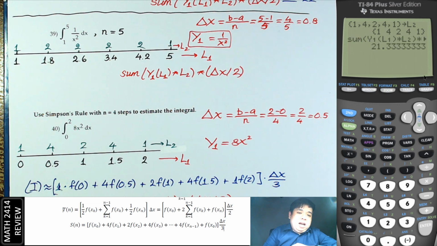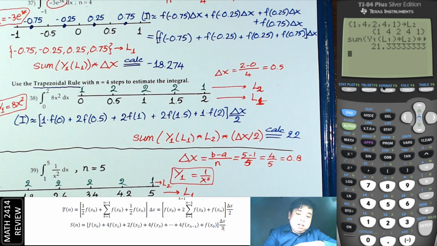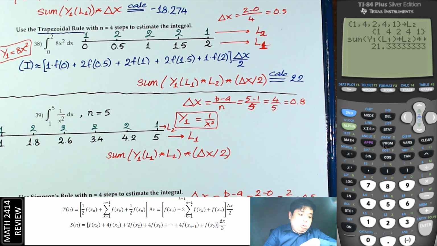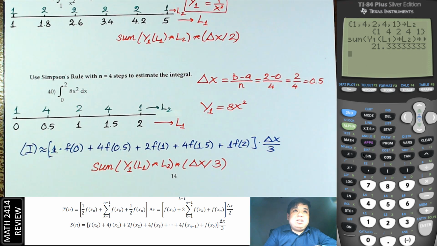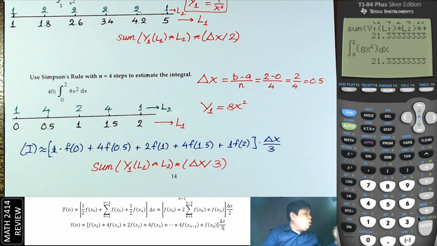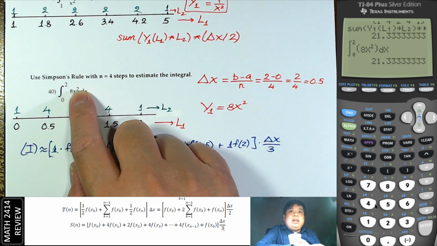I have that, and earlier we said that it is about 21.33. So the Simpson rule here gets the actual answer, right? You might ask, why do we have the perfect answer here? Well, the reason is the Simpson rule uses a quadratic to fit the curve, so a second degree polynomial to fit the curve, and we have a second degree function here.